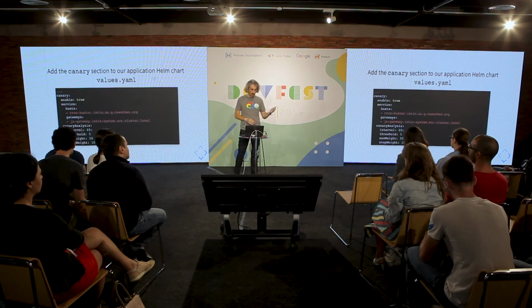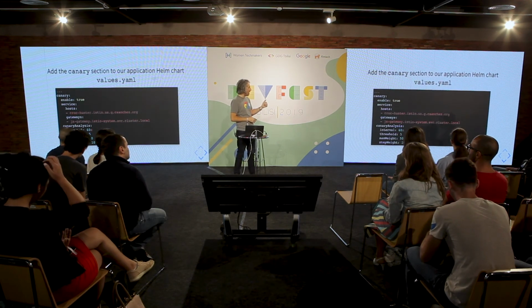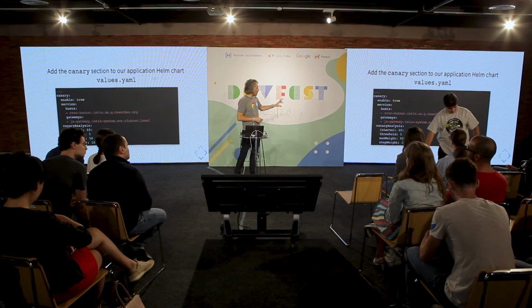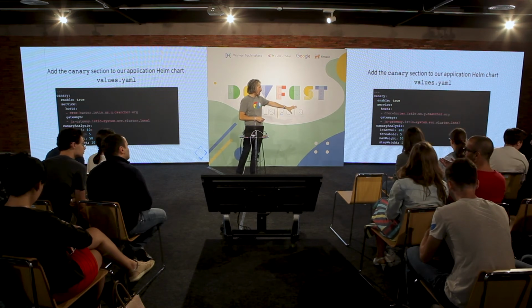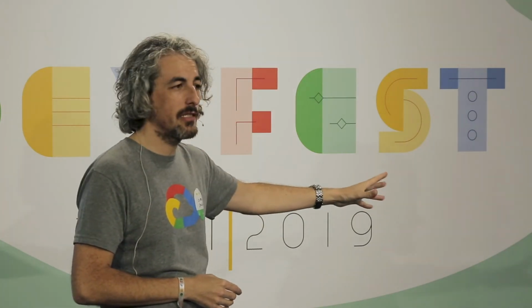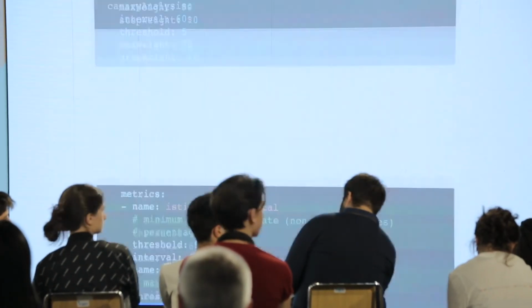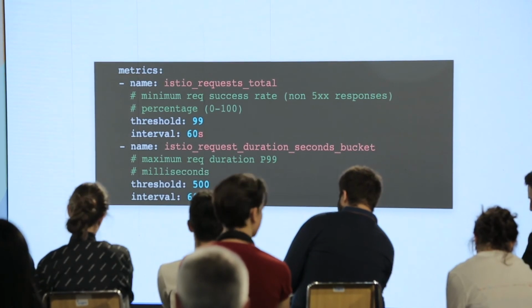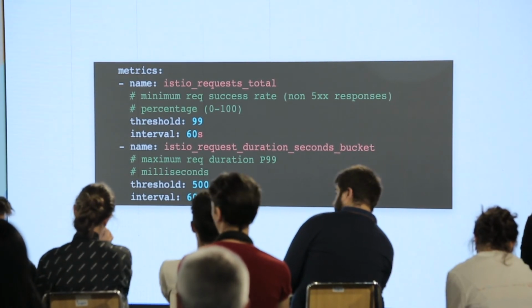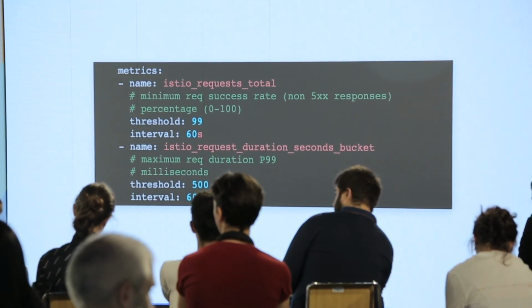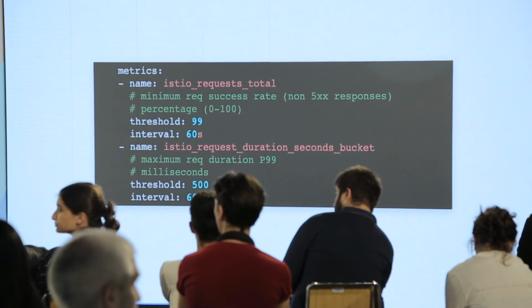This is all configurable in config files, so you can say at the bottom how often, like every 60 seconds, check the metrics. Max wait, step wait is like how much percentage of traffic you want to send to one version or another. And I'm using two Istio metrics to verify that my deployment is successful.